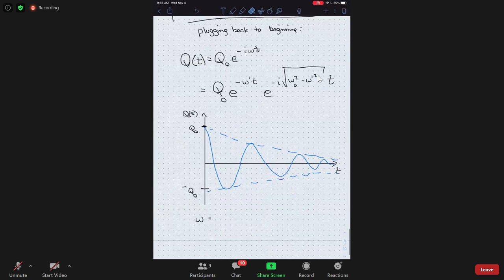It's equal to minus i omega prime plus or minus the square root of omega naught squared minus omega prime squared. That's it. And this is actually written in the textbook. So this is for section 31.2. And it shows these oscillations.